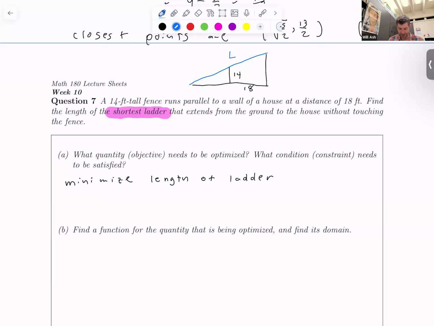All right, so we've got a couple other things going on. I have a height that it's going up the ladder, h, and I've got some distance x from the fence down to the edge of the ladder. So I'm going to use the Pythagorean theorem.